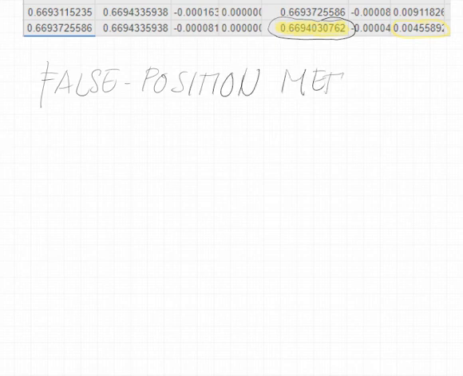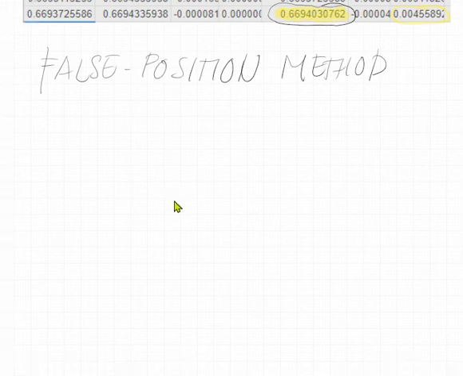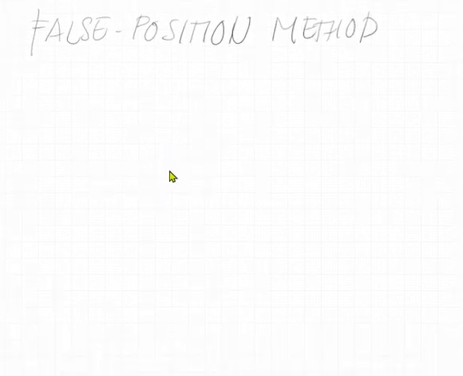So it's almost the same as the bisection. The only difference is the formula for xm. It's not the average. It's not equal to xu plus xl divided by 2. It's a different value. So let's derive that instead of the midpoint.